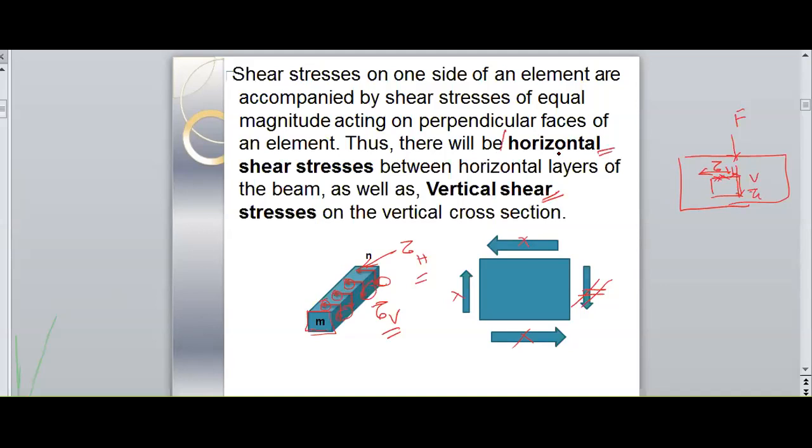So we will do a derivation for the horizontal shear stress in the beams. So, derivation.